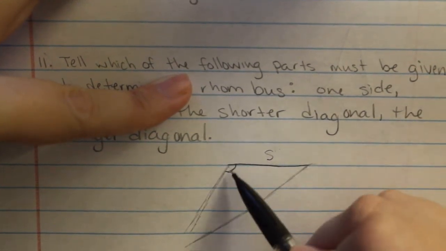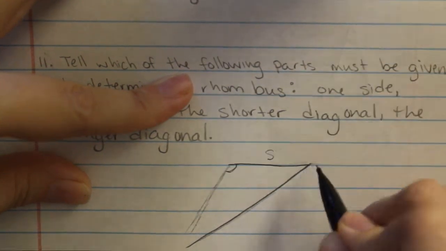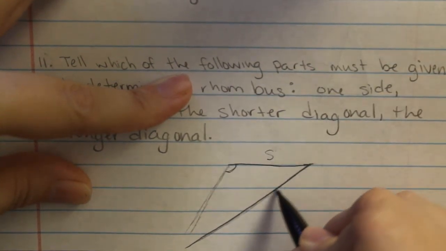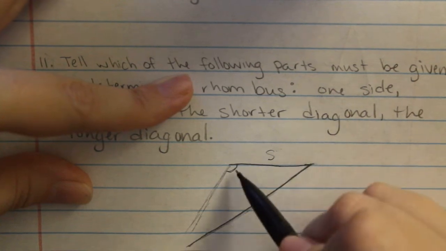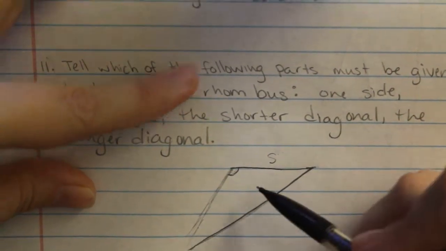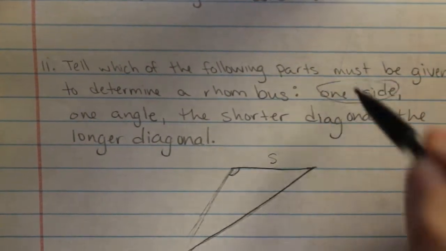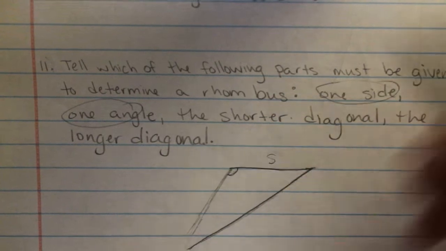So if I know that angle and I know the length of the longer, I can draw the longer diagonal. Okay, and then I can mark my other line here and I can essentially form a triangle. As long as I can get a triangle, in all honesty, I don't think it cares. You need a side, an angle, and then just one of the diagonals.